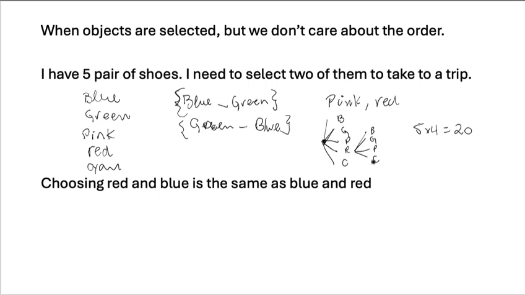But this path here of picking up a red and a blue is actually the same thing. It's the same group as picking up the blue first and then picking up the red.